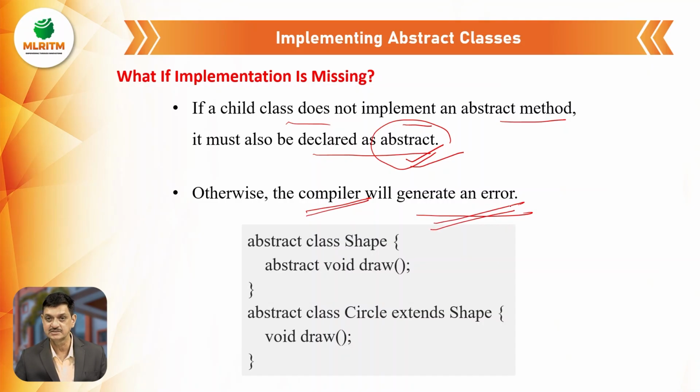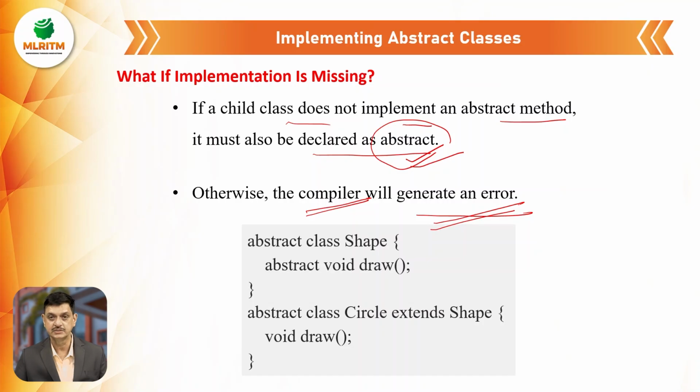Either the child class has to provide all implementation requirements for the abstract methods, or the child class must be declared abstract. Then only can we go forward. Then the subsequent child classes derived from this child class can include the required definitions, and objects can be created or instantiated from them.